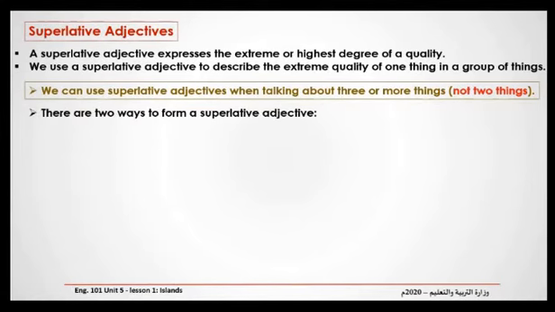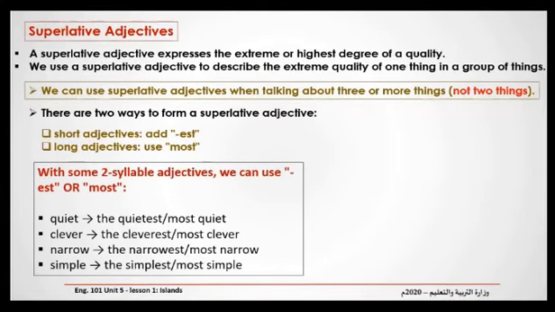There are two ways to form a superlative adjective. With short adjectives, we add est. With long adjectives, we use most. With some two-syllable adjectives, we can use est or most.